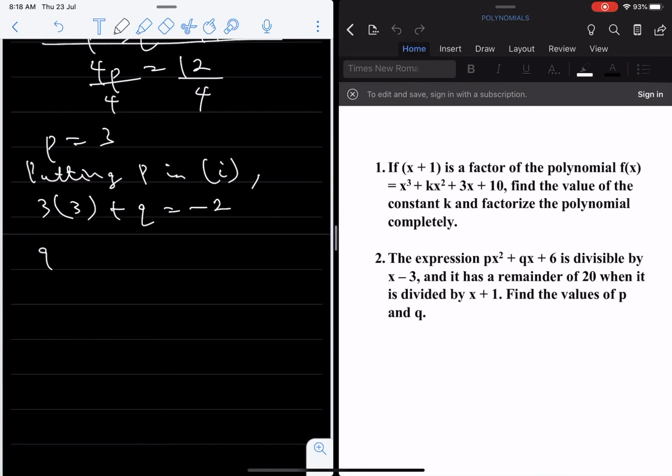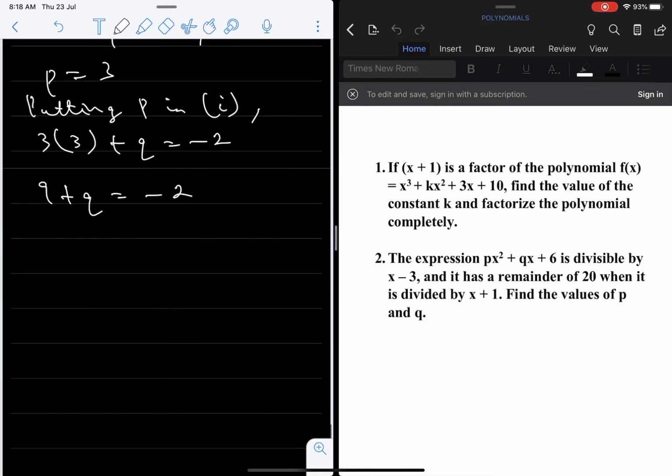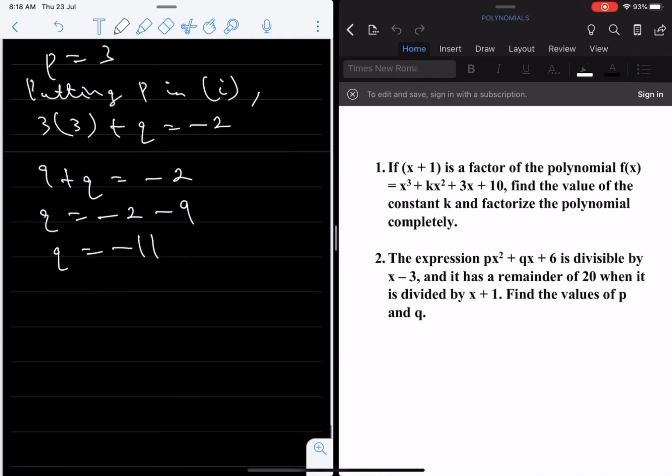That means 9 plus q equals minus 2. And it means q equals minus 2 minus 9. And then q is equal to minus 11. Therefore, p equals 3 and q equals minus 11. Those are the values of p and q.